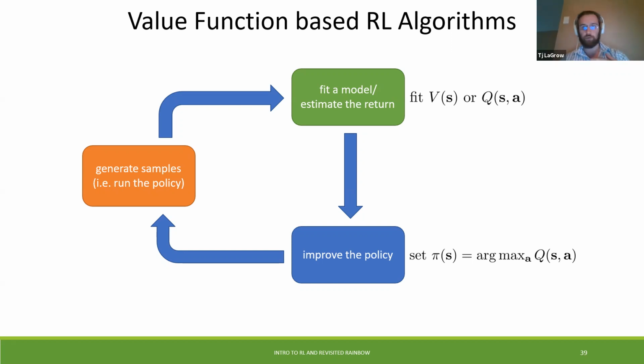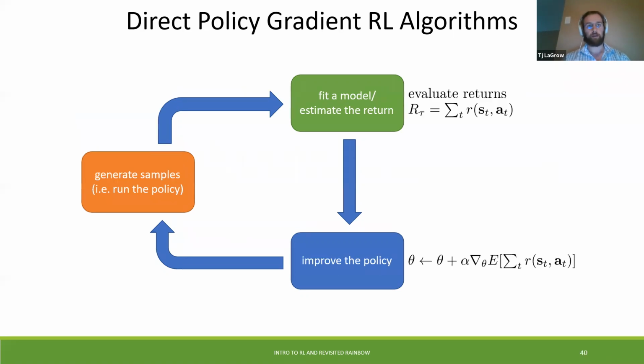Here we're also learning to fit either V or Q, depending on the algorithm and how you set up your environment, where you're then trying to maximize over the Q function. And then there are also direct policy gradient algorithms, where you're improving the gradient during your policy iteration to potentially explore and search as well.